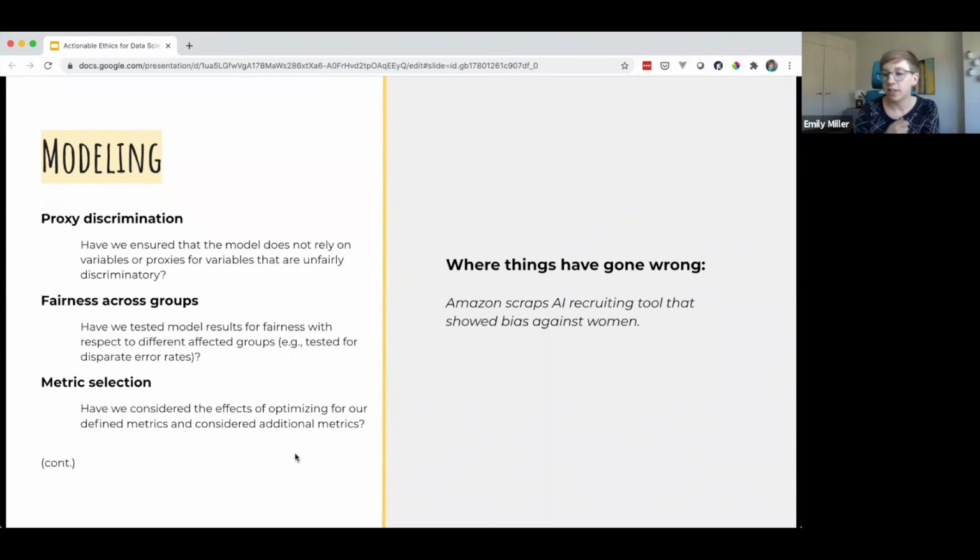So either specific language that they used, or being captain of a women's chess team, or going to an all-women's school, or other ways that the model had picked up on this. And so this reinforces how important it is to think about what our model is picking up on, and what are ways that we might be discriminating, even if we don't have that explicit variable used in our model.